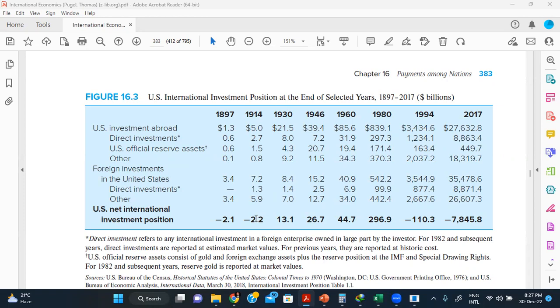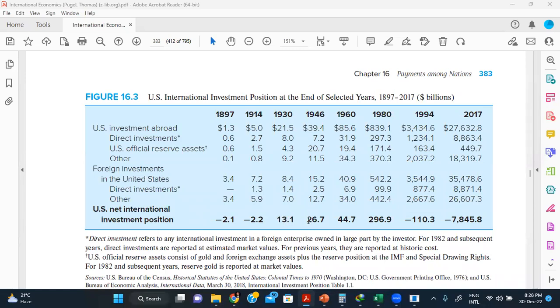That means the First World War brought good things for the US. That's why US investment in foreign countries increased relative to the foreigners' investment in the US, and the US was a net creditor. And you see that from 1930 to 1946, the net credit position about doubled, right?